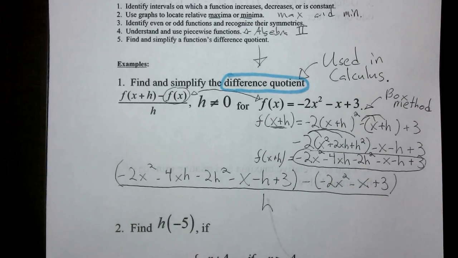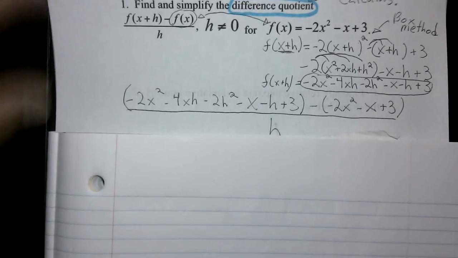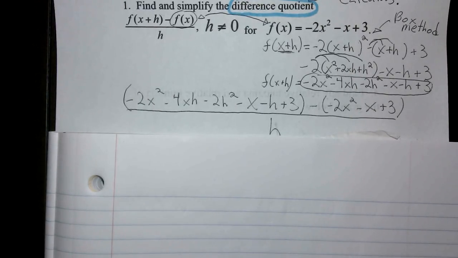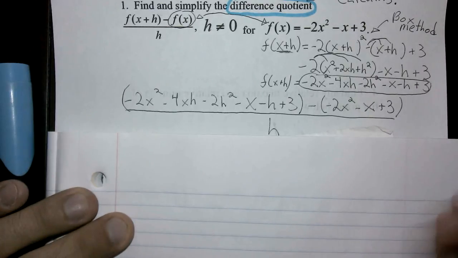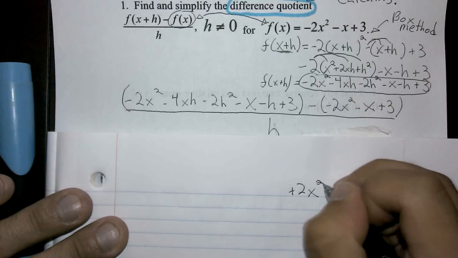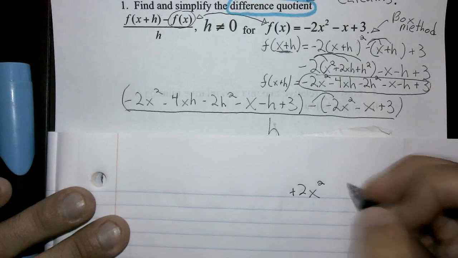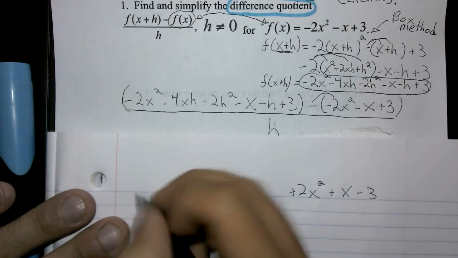As you can see here, there is a lot going on. There's so much that I even need more space. So no shame in that. Let's get another piece of paper. And we're continuing to evaluate this. So down here, we know that we're subtracting this trinomial. So if you want to rewrite that as plus 2x squared from distributing, plus that x minus that 3.